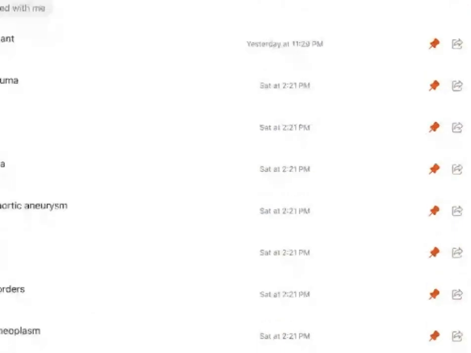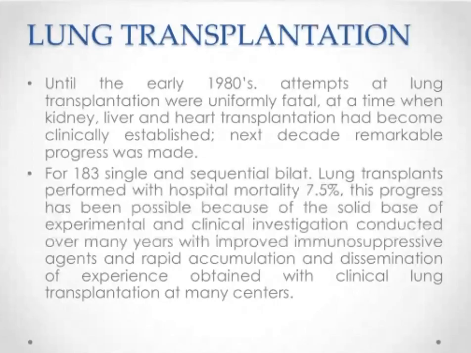Now, let us go to the 1980 attempt of lung transplantation, which was uniformly better at that time. But before it, kidney transplantation and even heart transplantation had done a lot of work before lung transplantation.